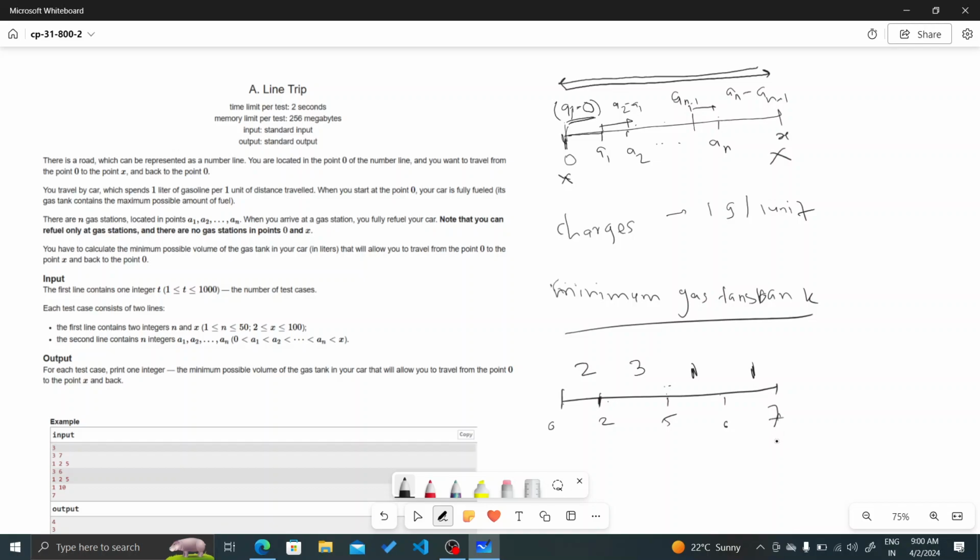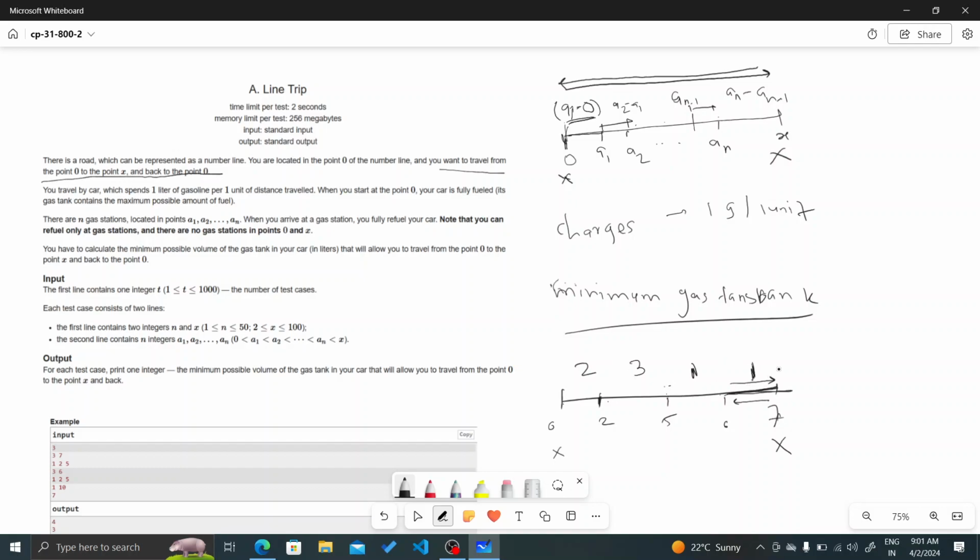They said there will be no gas station at the last position and the first position. So for traveling to the last position from the second last position, we have to travel this distance and this distance as well, because we have to get back to zero. They said you want to travel from zero to the point X and back to zero.